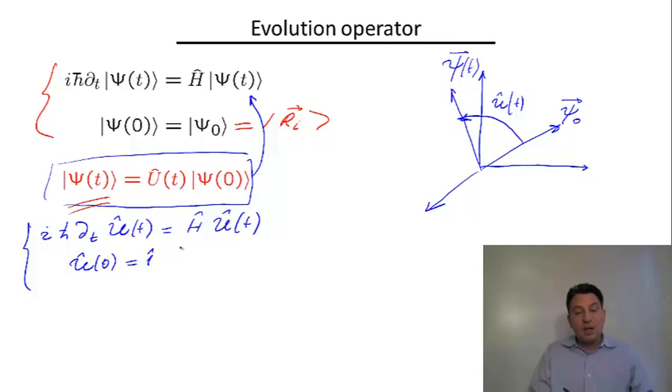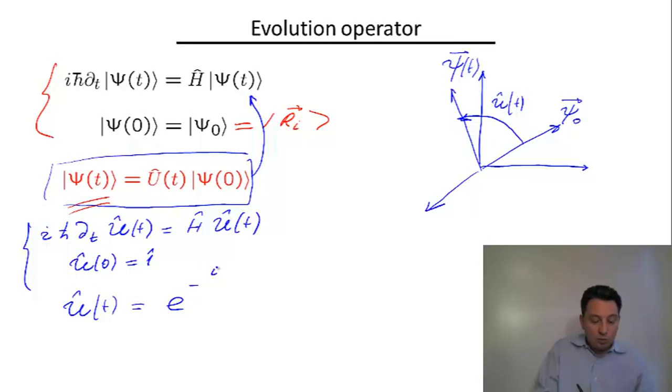And one can guess, or just pick, a general solution to this operator equation, which satisfies both the Schrödinger equation itself and the initial condition, by writing u of t as an exponential of minus i over h bar h times t. At t equals 0, the exponent of 0 is equal to 1, so it does satisfy the required initial condition.